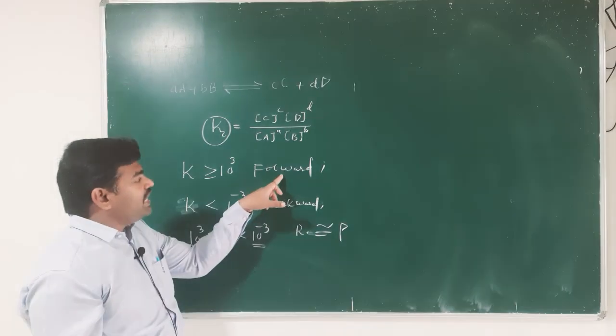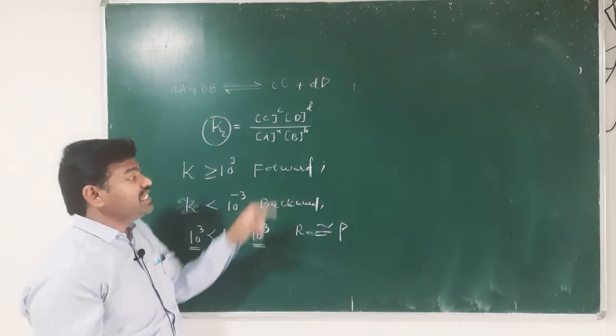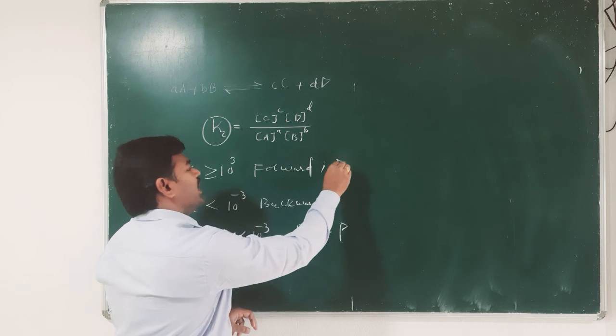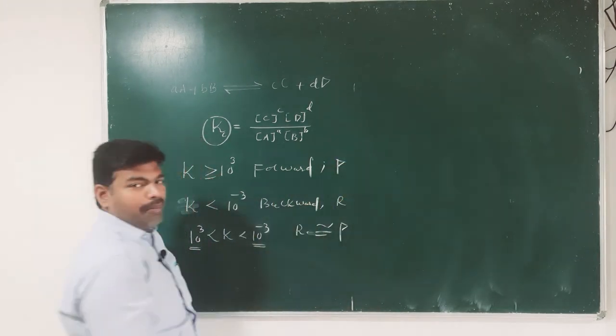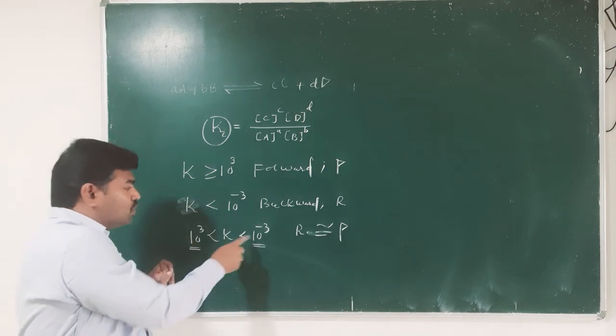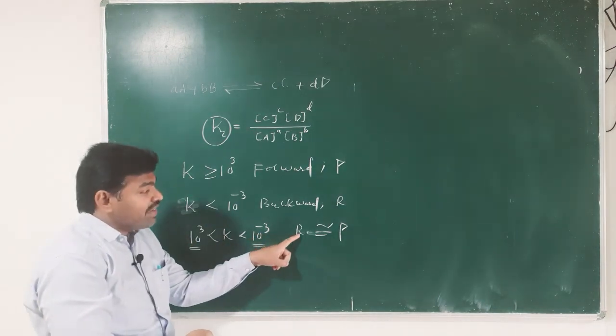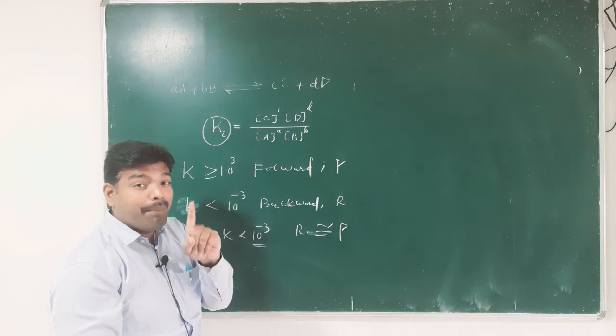Whereas for the forward reaction, the products are predominant, and here the reactants are predominant. But if K value is in between these two values, concentration of reactants and products are comparable.